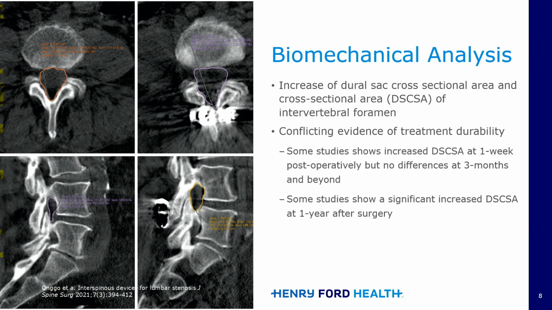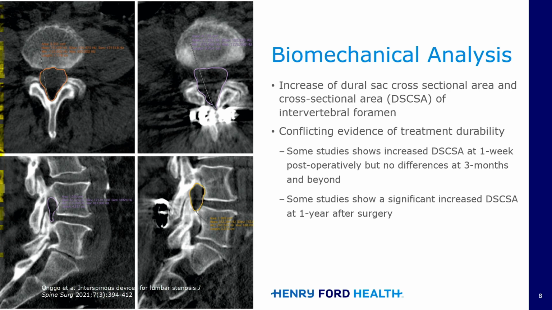When you look at the biomechanical analyses as the rationale for these devices, the idea is that by putting in an interspinous device, you can increase the cross-sectional area of the dural sac and of the intervertebral foramen. Here you can see on these CT images, before and after placing the device, the canal expands and the foramen is larger. That's the rationale.